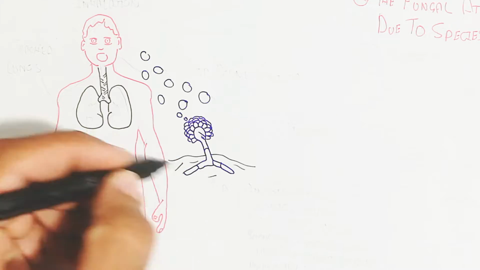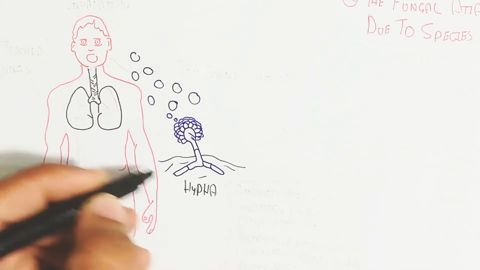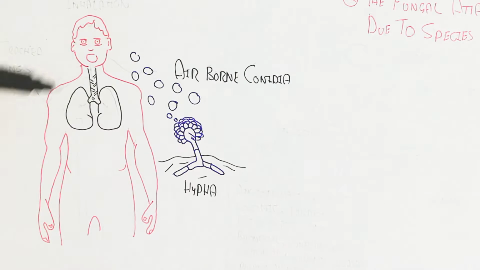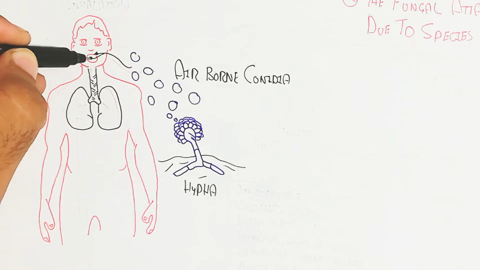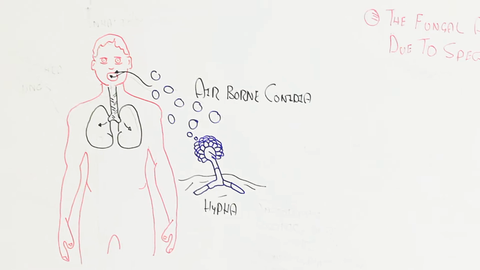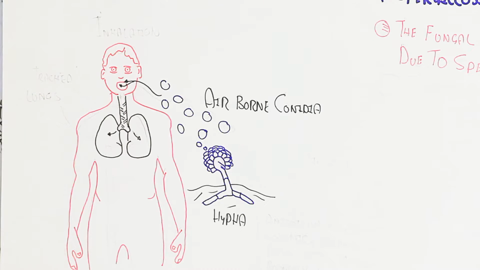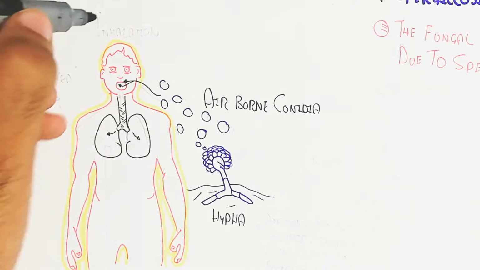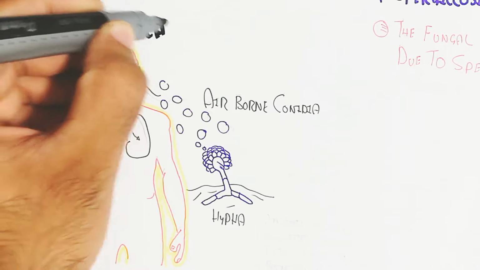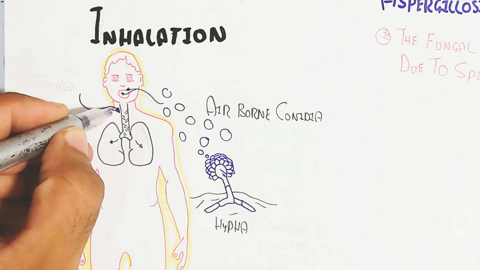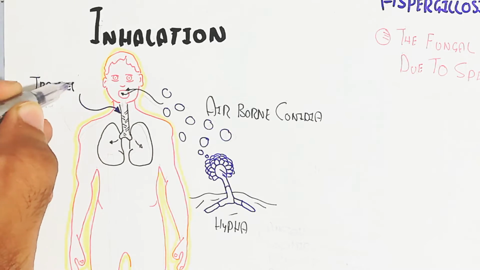The hyphae present in the soil produce conidia, and the conidia become airborne. When they go into the air, they move into the trachea and lungs. After reaching the lungs, the reaction is cleared through an innate immune response.